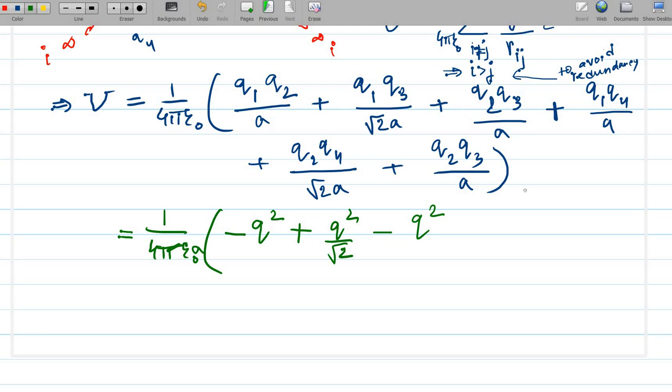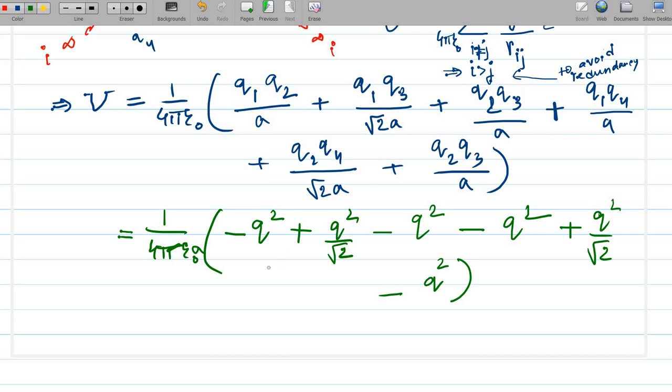Q1, Q4, again negative, minus Q squared. Q2, Q4: Q2 is negative, Q4 is negative, so it would be positive, Q squared divided by root 2. And Q2, Q3 would be negative, so we have Q squared divided by 1 with a negative sign.